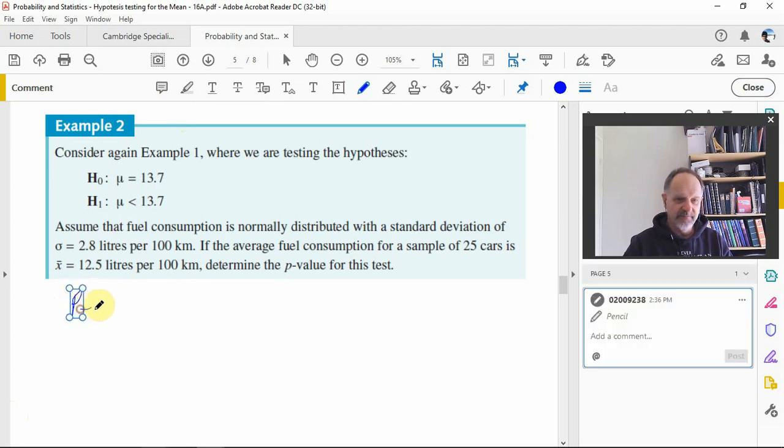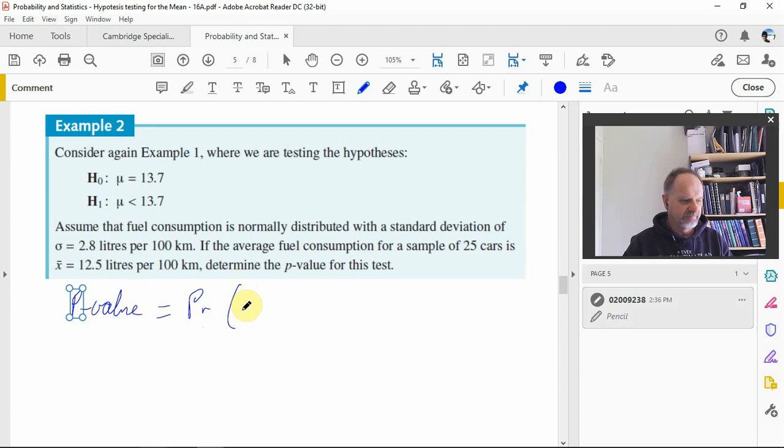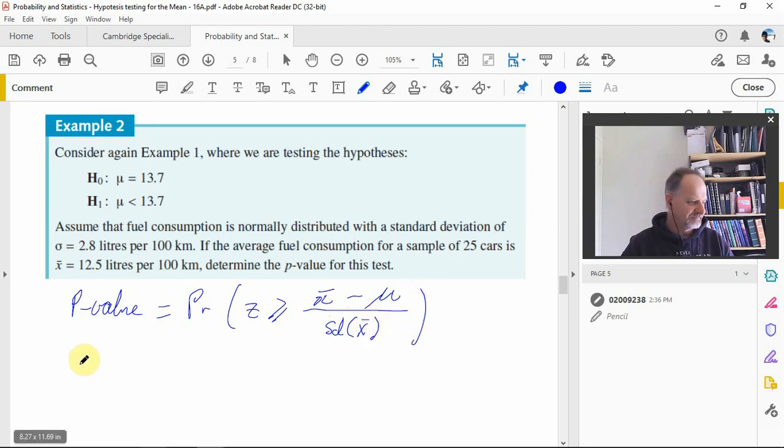The p-value is the probability that Z is greater than or equal to our sample mean minus our other mean over the standard deviation of our sample.